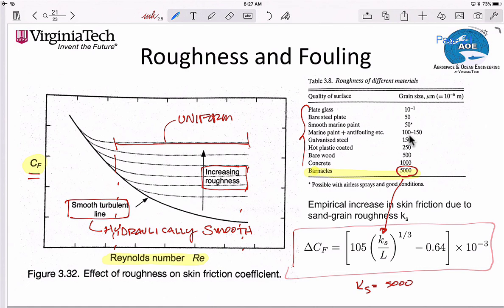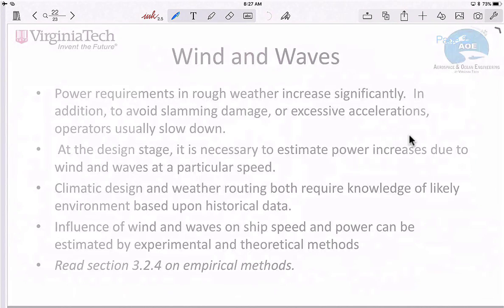You think about how that compares to plate glass, something highly polished. Right? Plate glass is here. We're talking about an increase of what? 50,000. 50,000 increase. 4 orders of magnitude, 10 to the 4th increase in this coefficient. So resistance can go up enormously with increased roughness.